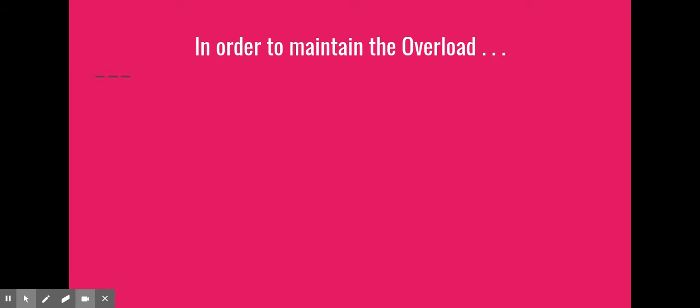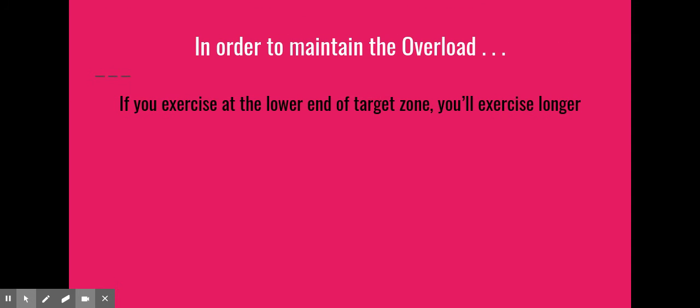In order to maintain the overload, it's important that you balance the equation of intensity and duration. If you exercise at the lower end of the target zone, which is your intensity, then to balance that equation, you'll have to exercise longer.